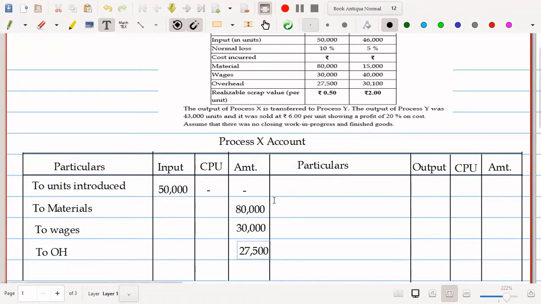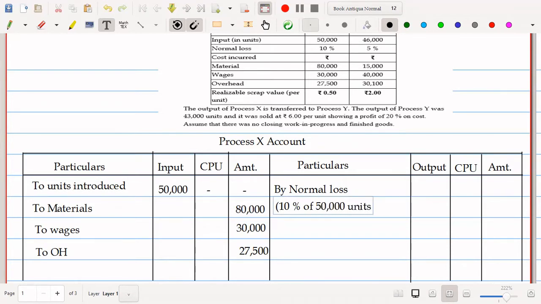And regarding normal loss, come to the credit side here. By normal loss, what's given here? The normal loss is 10% of input and it was sold at scrap value of rupees 50. So let's take here in the bracket, 10% of 50,000 units.